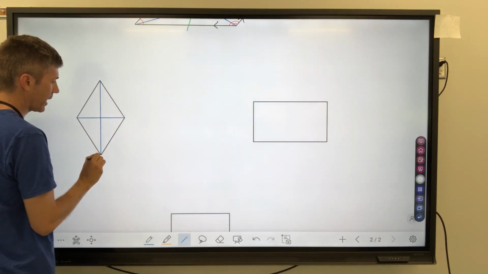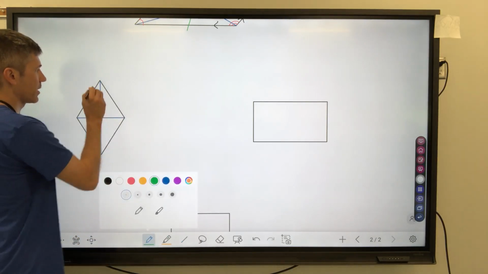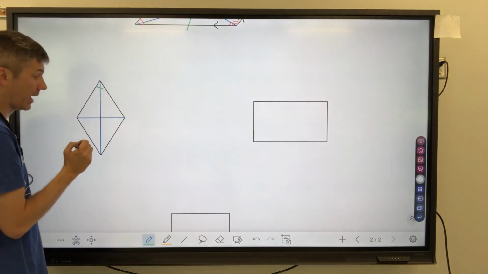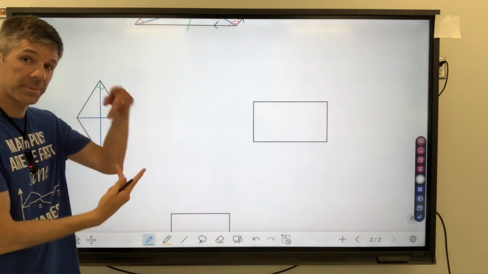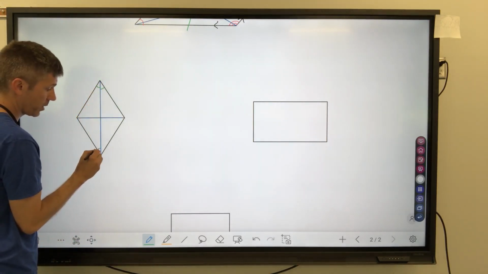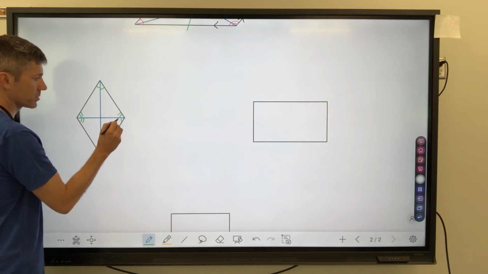The opposite angles are bisected by each diagonal, which means this angle up here was cut in half. Well, in a parallelogram, opposite angles are congruent anyway. So if those were cut in half, then these are cut in half as well, and they are the exact same as the others. And then same here. Double swoosh, double swoosh, double swoosh, double swoosh.